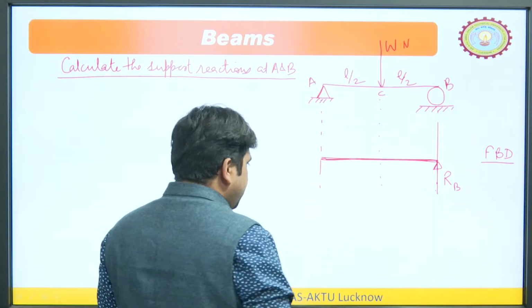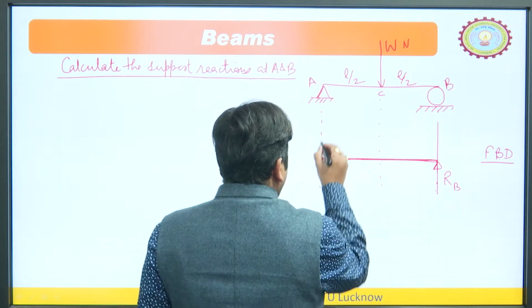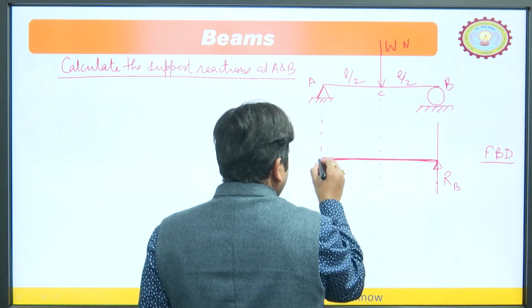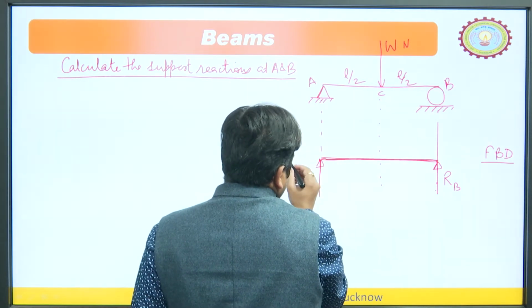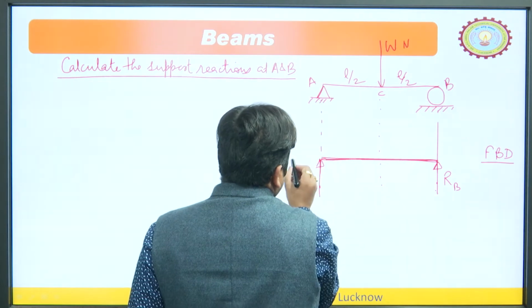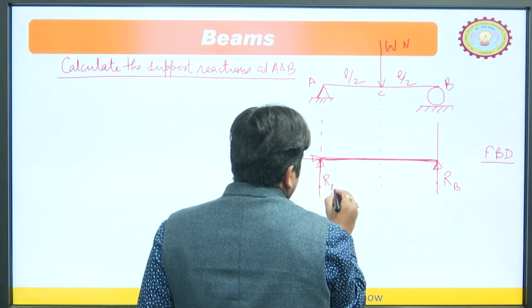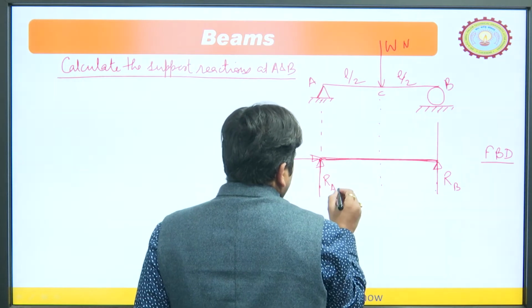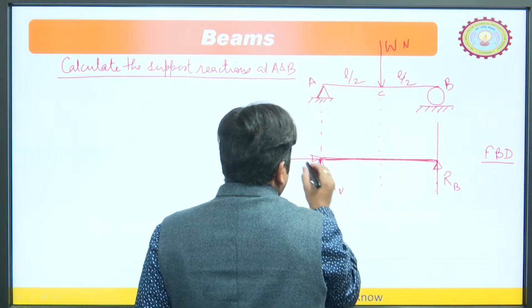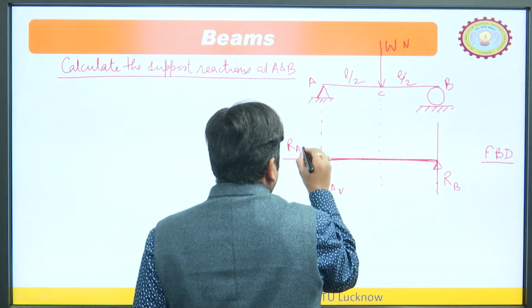This is the simple support, or you can say the hinge support, here. So here we have two support reactions: one is R A vertical, and this reaction is R A horizontal.